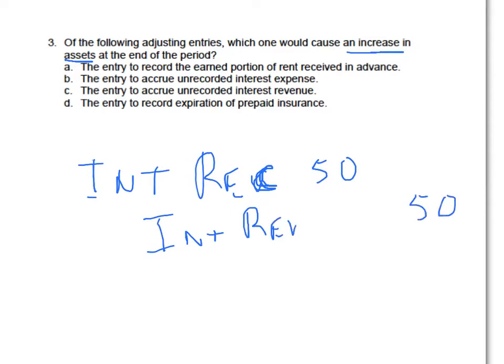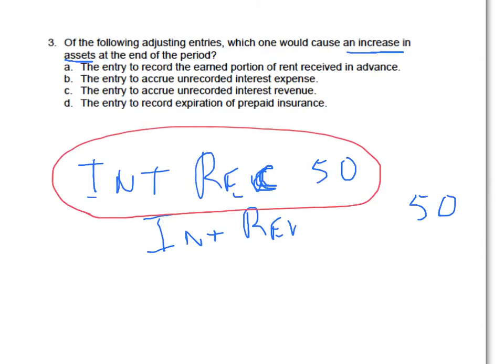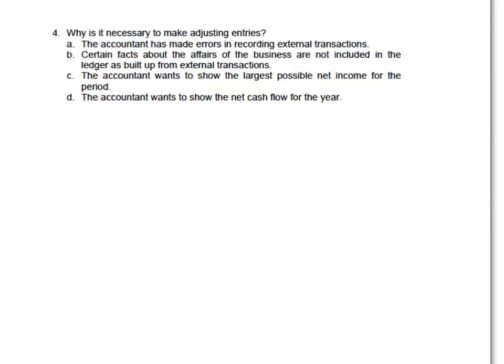A debit to the interest receivable and a credit to interest revenue, and that would cause an increase to our current assets, interest receivable, at the end of the accounting period. So I think the answer that we're looking for there is going to be C. D says the entry to record expiration of prepaid insurance. Well, that would be a credit to prepaid insurance and a debit to insurance expense, and that would decrease assets, not the direction we want to go.